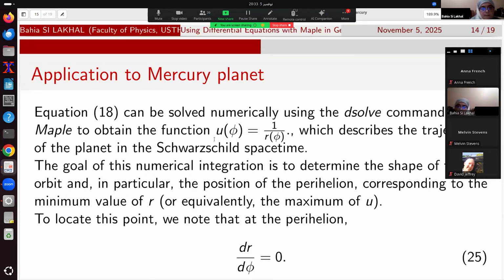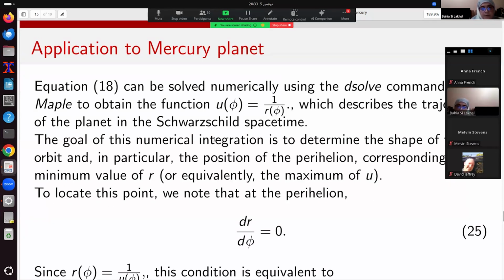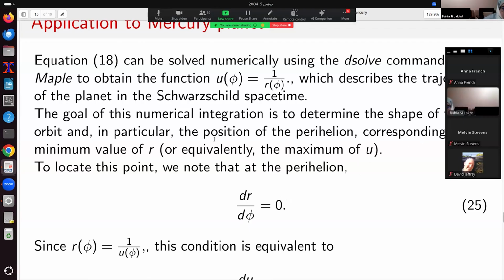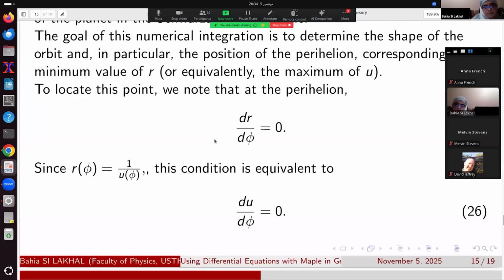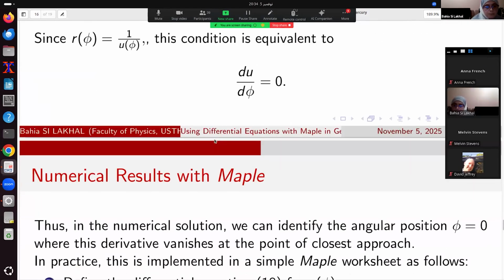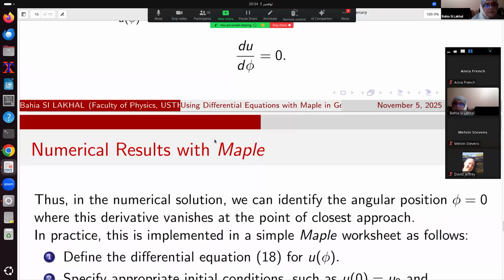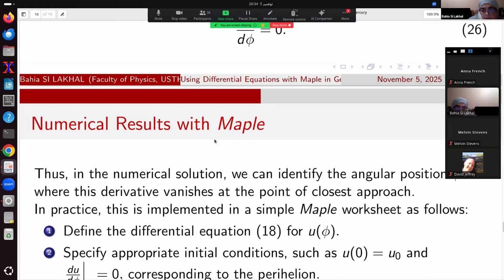To locate the minimum of r, we note that at the perihelion, the derivative of r with respect to phi equals 0, or equivalently, the derivative of u with respect to phi equals 0. So in this numerical solution, we can identify the angular position phi equals 0, where this derivative vanishes at the point of closest approach.